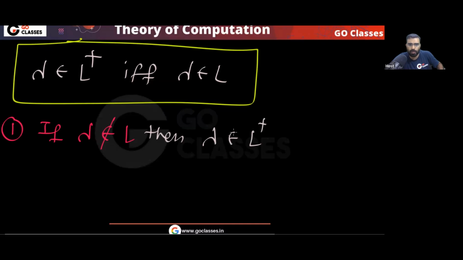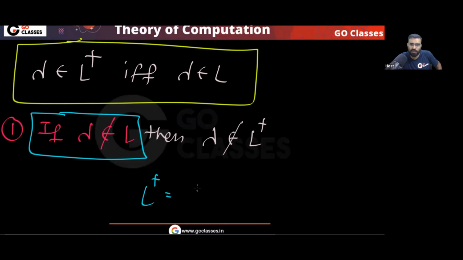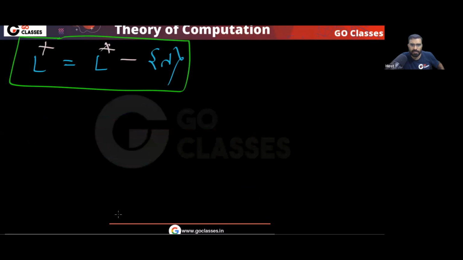So in this situation, I can say that L plus is equal to L star minus lambda. Yes or no? In this situation, I can say L plus is equal to L star minus lambda.